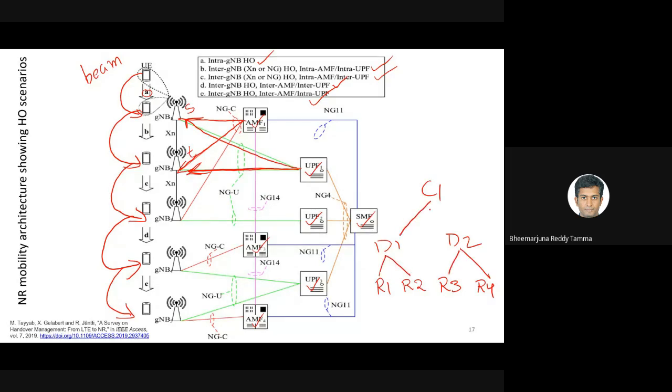I'm just giving an example. This C1 is connected with the AMF, and this C1 is also connected with the UPF. So this is for user plane. So this is for the control plane.